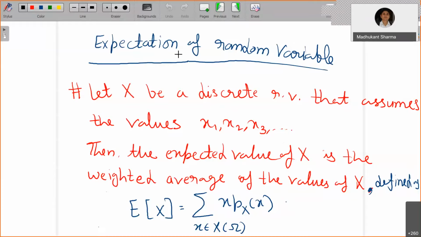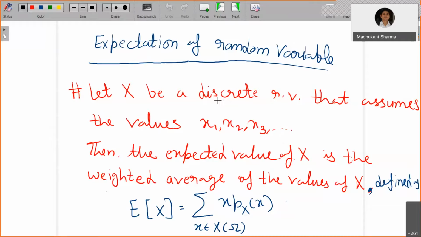Let X be a discrete random variable that assumes the values x1, x2, and so on. It may be a finite set or a countably infinite set. Already I mentioned the meaning of a countably infinite set.